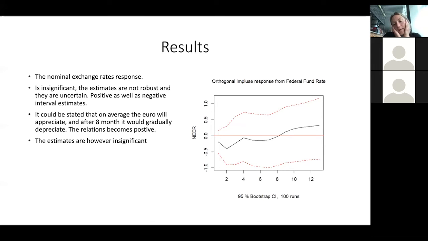But if we should make an interpretation of it, a 1 unit increase in the federal fund rate would have a negative effect on the nominal exchange rate. That means that the dollar is depreciating on average. You could state that. And after 8 months, it will gradually start to depreciate the euro.